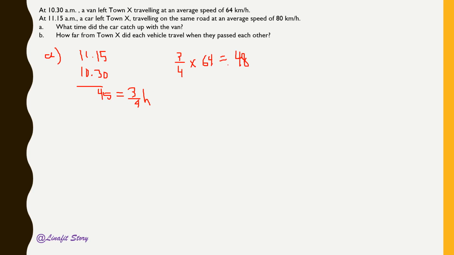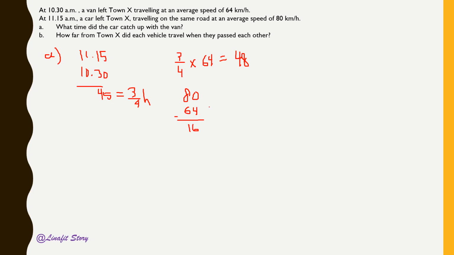And then after that, we are finding the difference between the car and the van. The speed of the car is 80 km per hour, means in 1 hour it traveled 80 km, while the speed for the van is 64 km per hour, means in 1 hour it traveled 64 km. So the difference between them is 16 km.